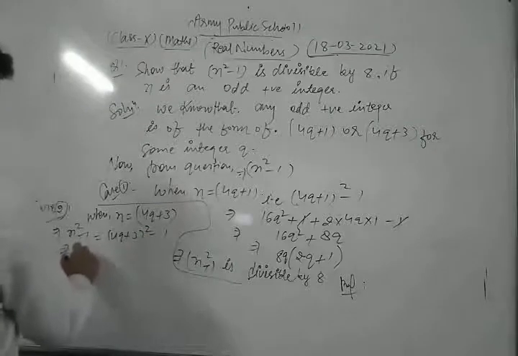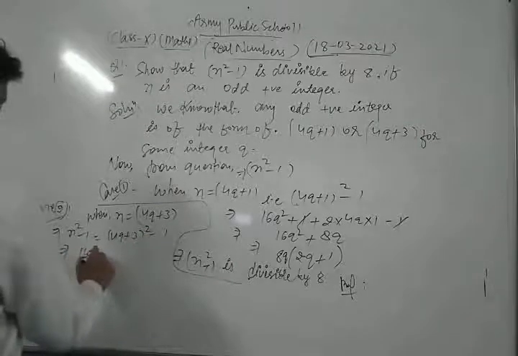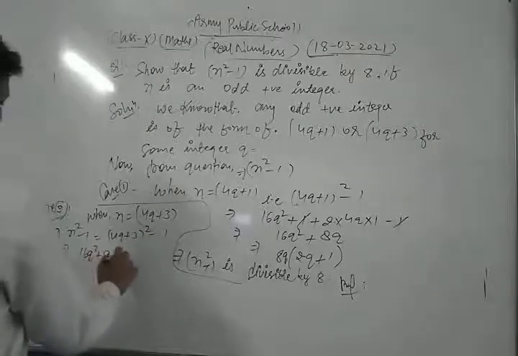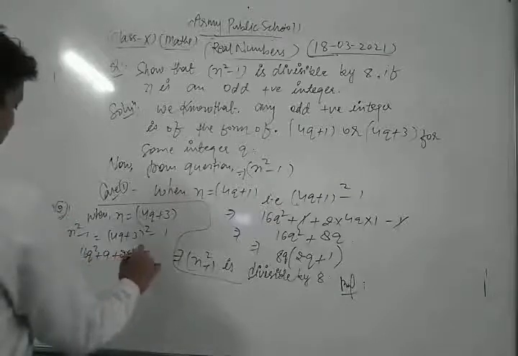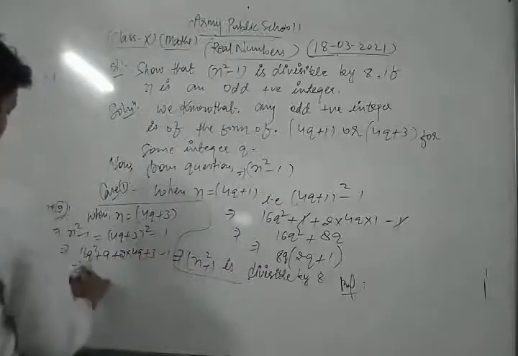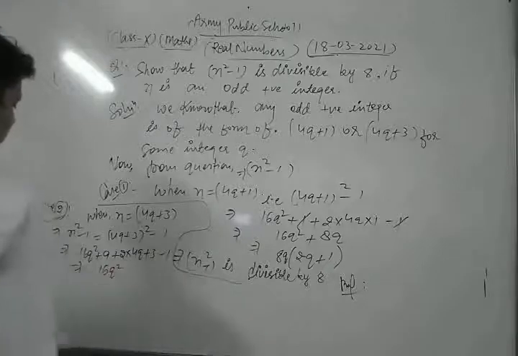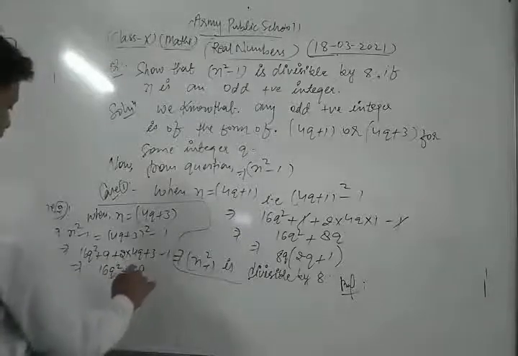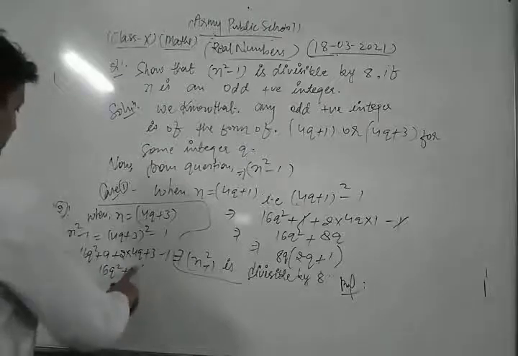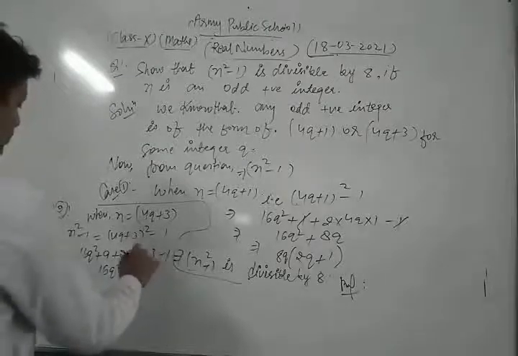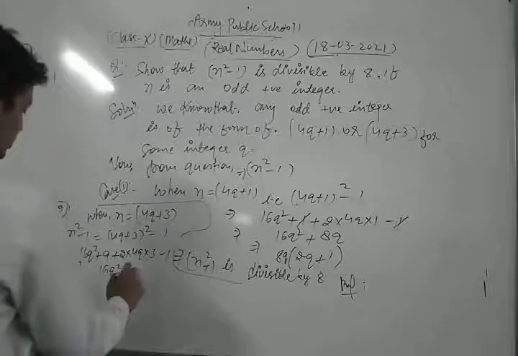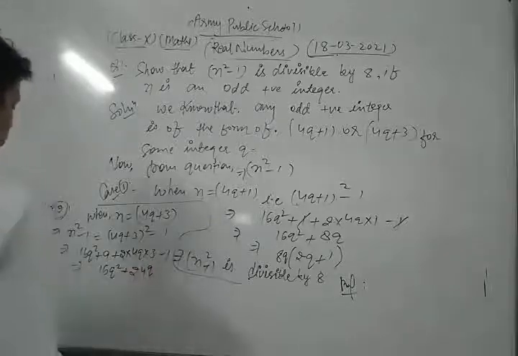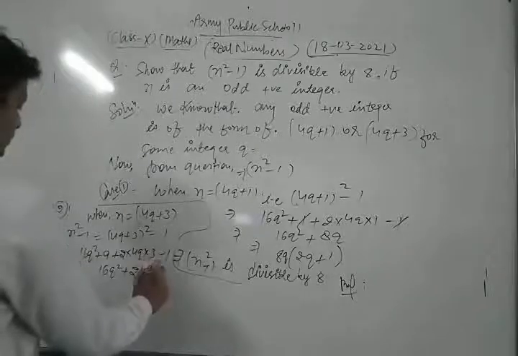Now using a square plus b square plus 2ab, we get 16q square plus 2 into 4q into 3, which is 24q, plus 9 minus 1, that is plus 8.